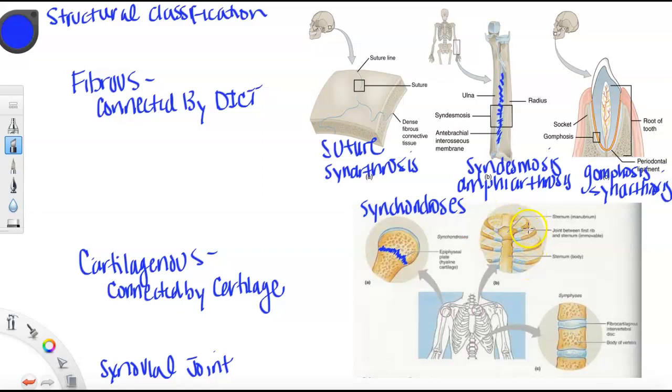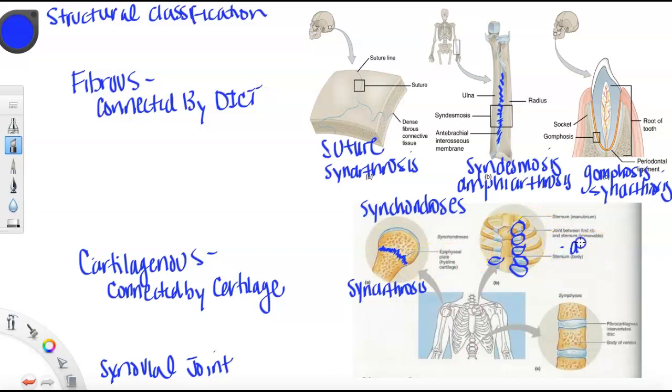The costal cartilage, this is also synchondroses. So we've got hyaline cartilage that are connecting the ribs to the sternum. And the growth plate is going to be a synarthrosis. Your epiphysis isn't going to move around your diaphysis.